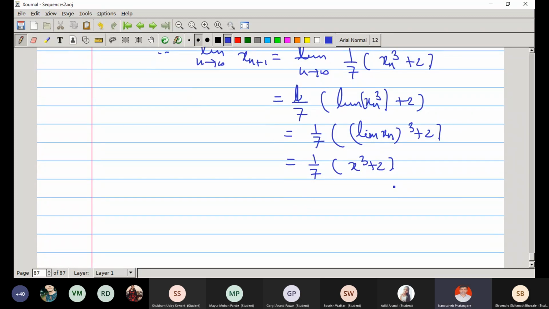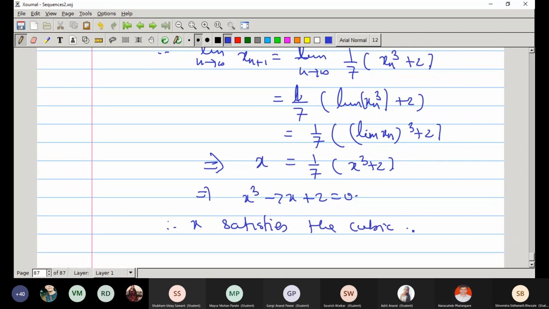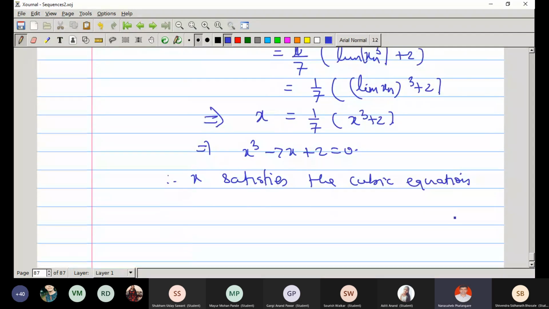The left-hand side, the limit of x_{n+1}, is x. Therefore x cubed minus 7x plus 2 is equal to 0. So x satisfies the cubic equation x cubed minus 7x plus 2.